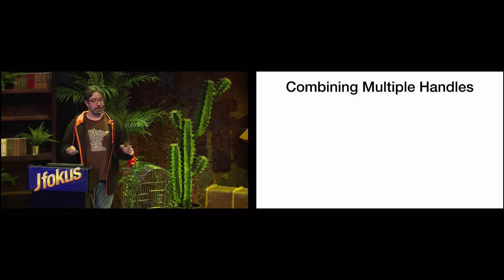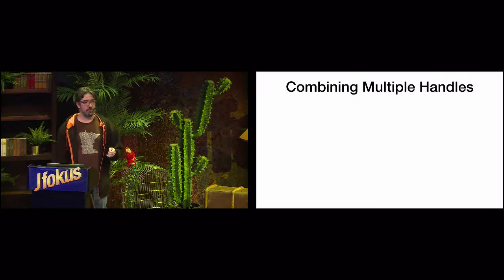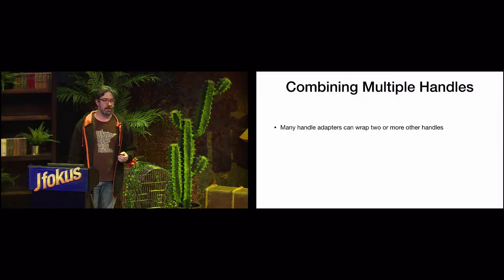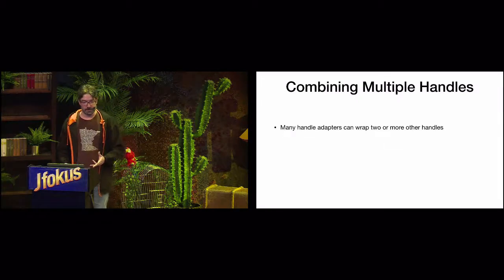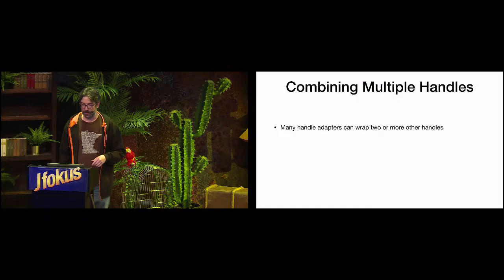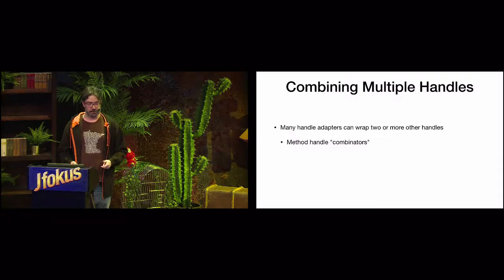Now, we've got these different handles that do the different pieces of this Java code, but obviously they're not all working together. We'd have to call each of them individually and then maybe get a result out of the end. But we want to be able to combine them in more elaborate ways. So many handle adapters that you'll see in the API can wrap one or more handles, wrap two or more handles, and provide more complex logic. We call these method handle combinators.